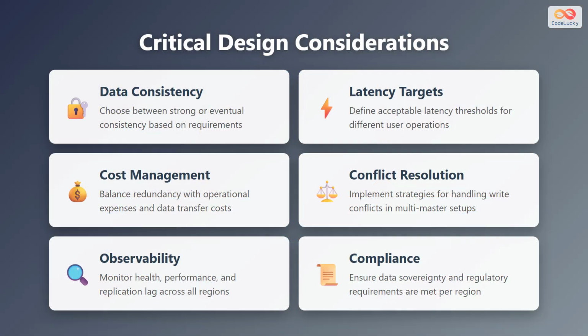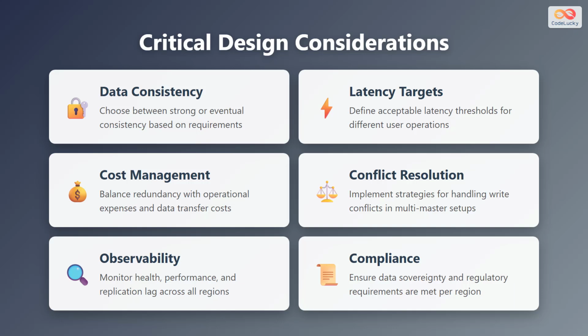Designing multi-region architecture requires careful consideration of 6 critical factors: Data consistency. You must choose between strong consistency, where all regions see the same data immediately, or eventual consistency, where data propagates over time. Latency targets. Define acceptable latency thresholds for different user operations to guide your architectural decisions. Cost management.